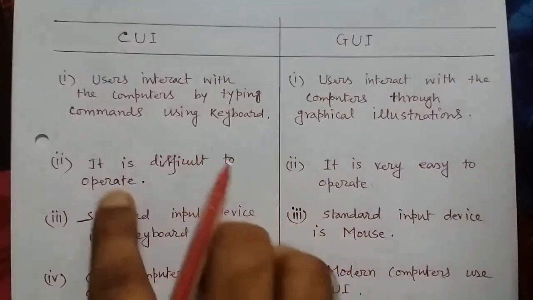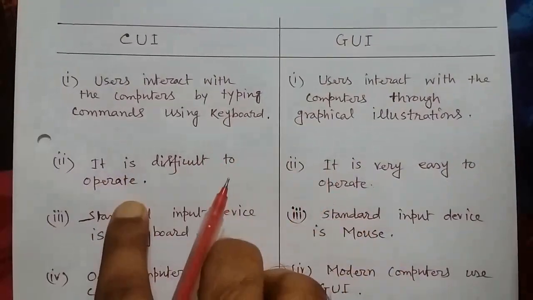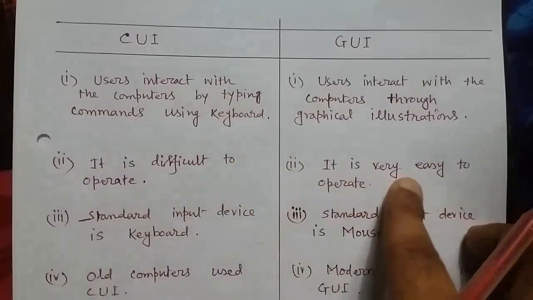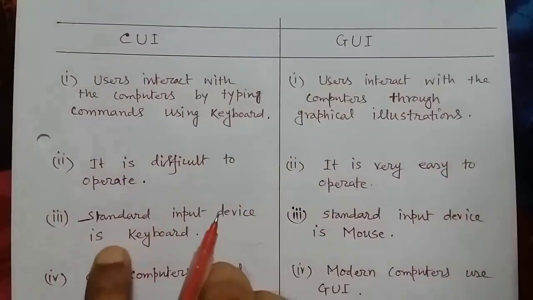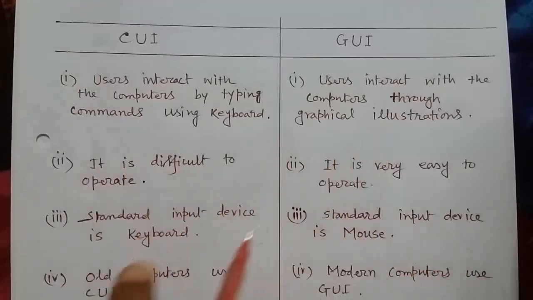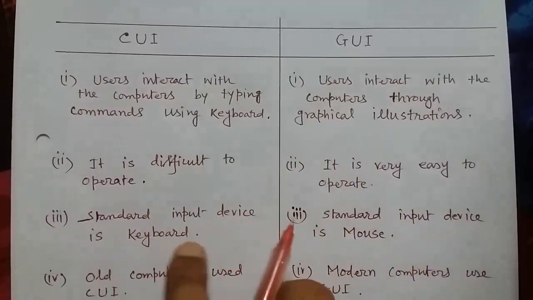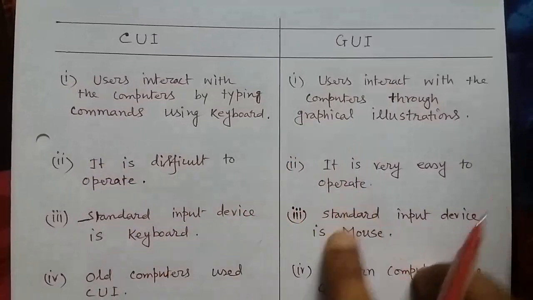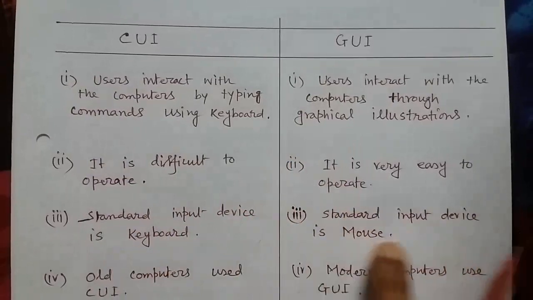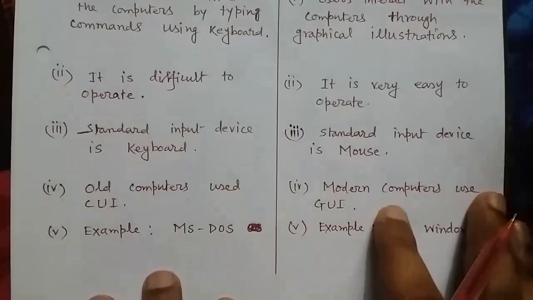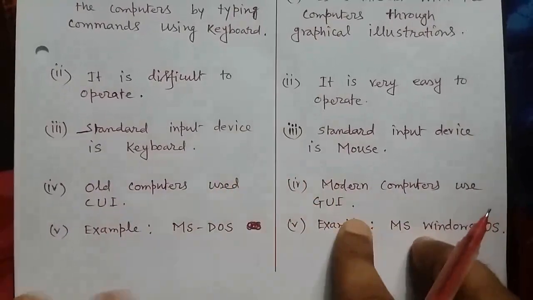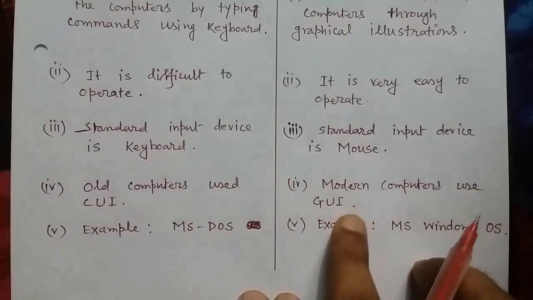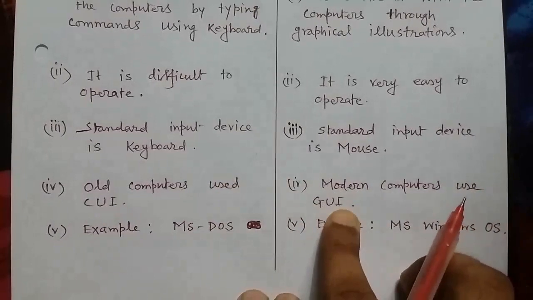Number two, CUI is very difficult to operate, and GUI is very easy to operate. Number three, in case of CUI, the standard input device is the keyboard, and in case of GUI, the standard input device is the mouse. Number four, old computers used CUI, but modern computers use GUI.